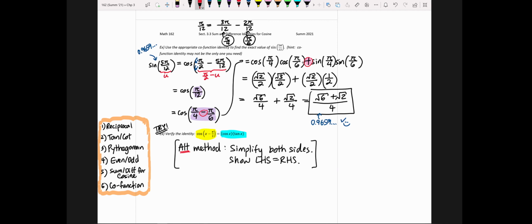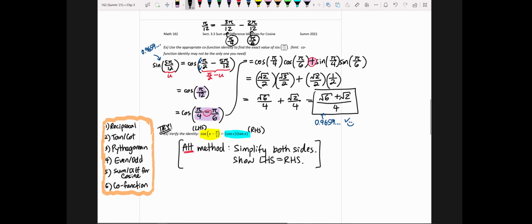Try this one using the new method we learned at the end of section 3.2. You're going to simplify the left side, simplify the right side. The tools you have to use are the 6 groups of identities. If you're able to show that both sides simplify to the same expression, then you've completed the proof.